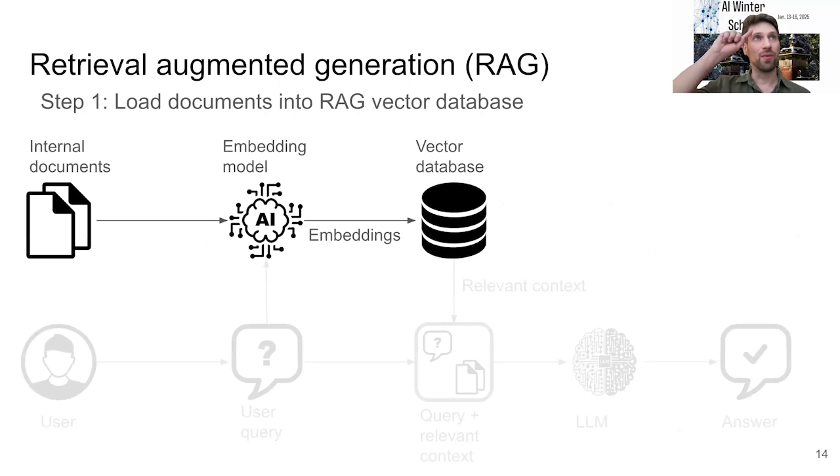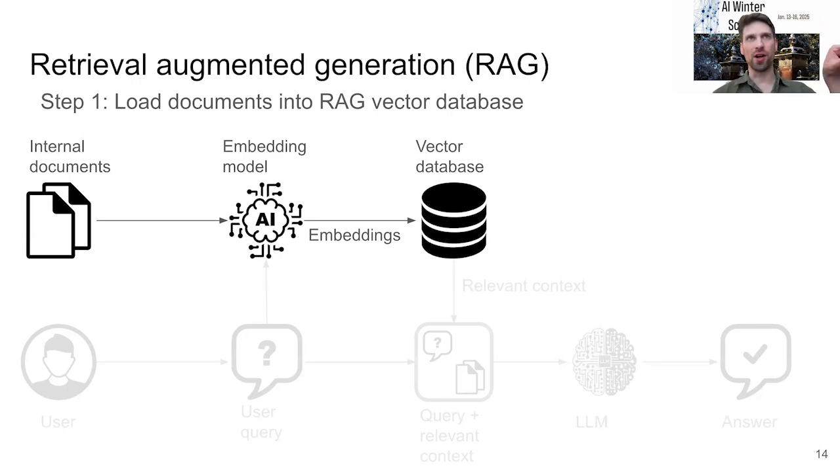So RAG functions in a series of steps. And the first step is that you have a big library of internal documents, and you chunk them into chunks of maybe a few hundred to 1,000 tokens each.